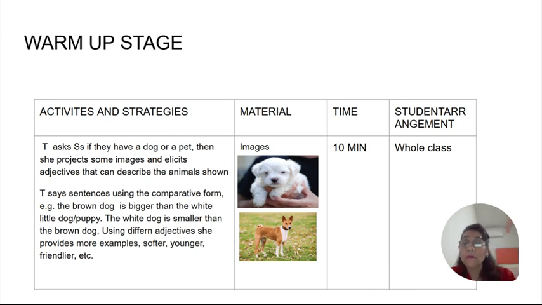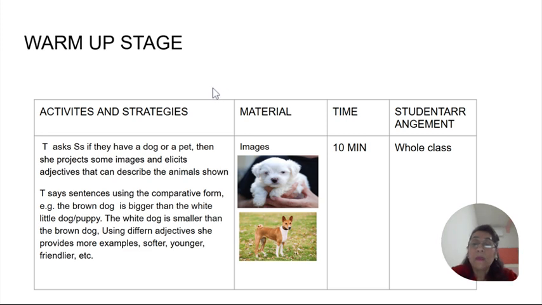Unless they already know the comparative forms, then we can mix them. So in the first stage is just using some of the most common adjectives, and they know that comparisons are used to compare people, things, objects, animals, or whatever.